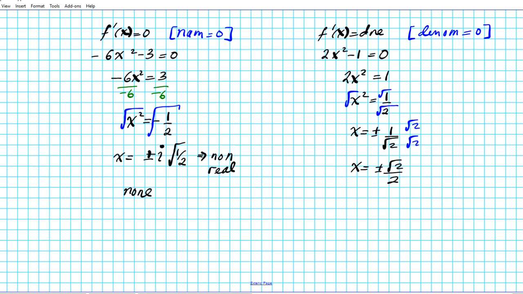Our critical numbers are x equals negative root 2 over 2 and positive root 2 over 2. Okay, so those are the answers for question number 14. Let's go ahead and box that.